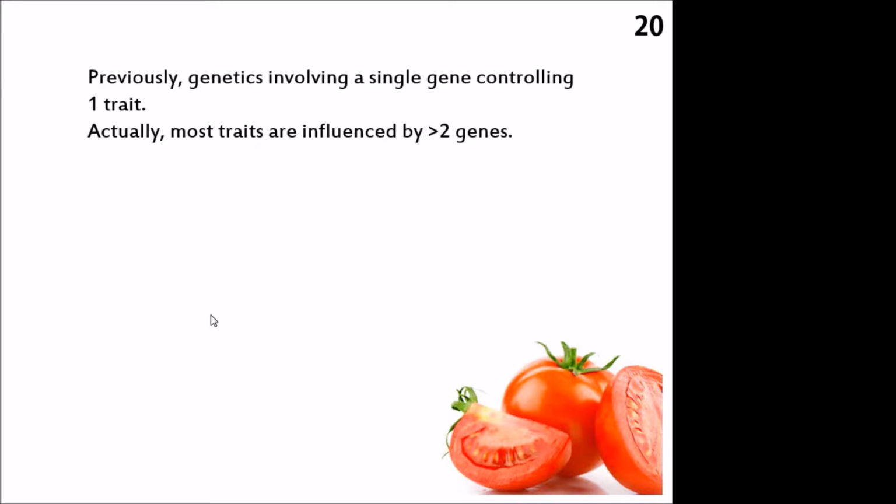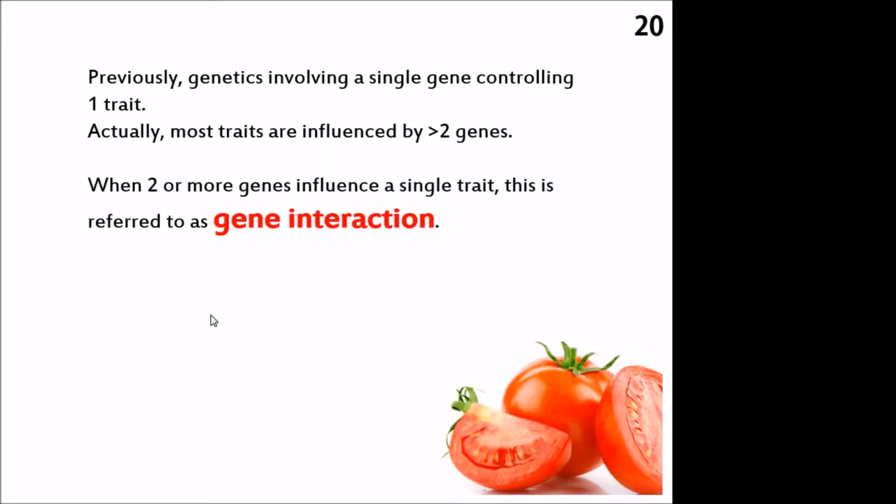So in your previous lectures to today, you have always learned that one gene affects one trait, right? One gene may have 2 alleles, and they affect maybe one trait like height of the pea plant for Mendel, for example. But in fact, most traits are influenced by more than one gene.